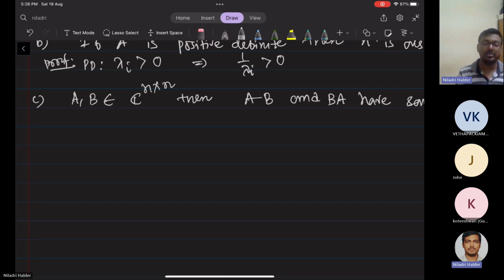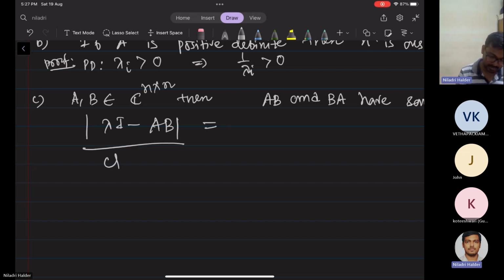He has also proved it using the characteristic equation. He has shown that the characteristic equation for AB and BA, so this is not A minus B, this is AB, will be the same. So the determinant of lambda I minus AB, this is the characteristic polynomial, is the same as lambda I minus BA.